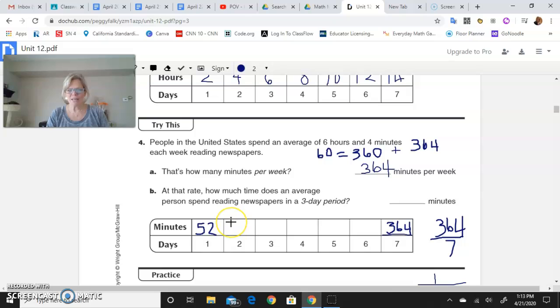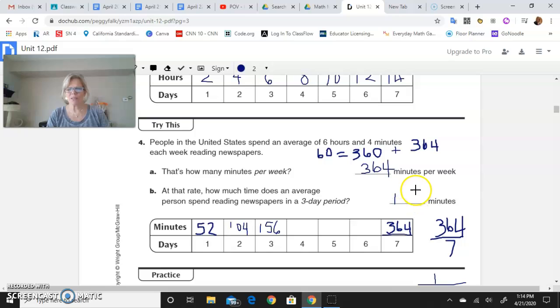Then in 2 days, it's another 52, so 104, and you're just going to count by 52s. Or multiply 52 times 3, and I would get 156. So in a 3-day period, they would read 156 minutes.